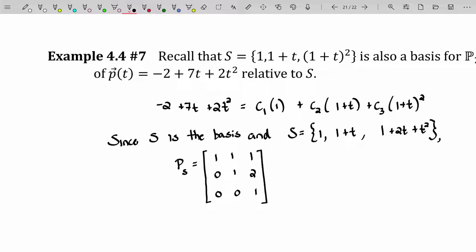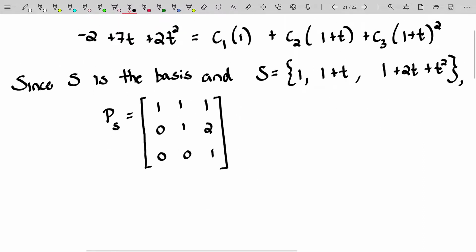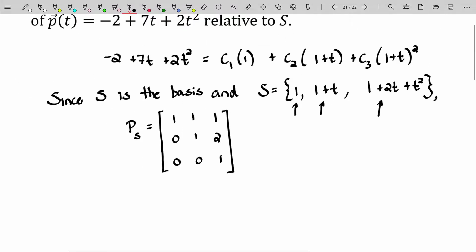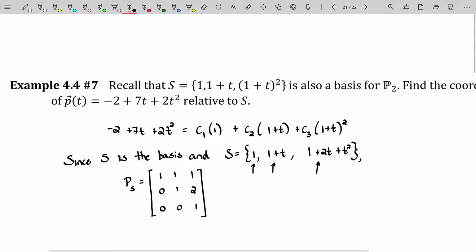The change of coordinates matrix is this matrix right here, where we have essentially created column vectors out of these statements. Remember, the first row in each column represents t to the 0th, the second row represents t to the 1st, and the third is t to the 2nd. Now this is where I bring it all the way back to the beginning.